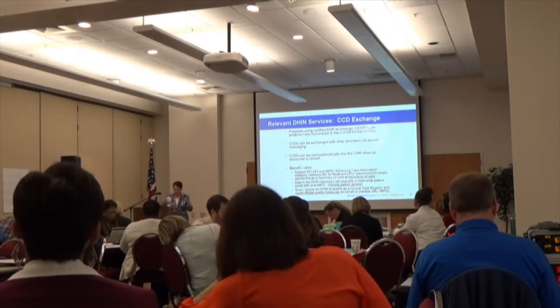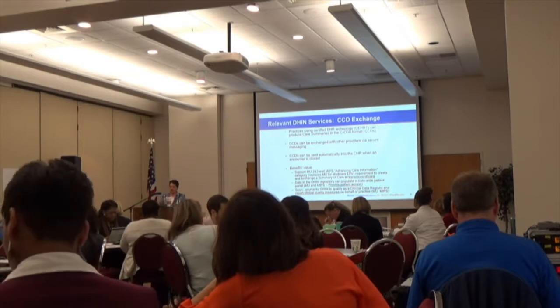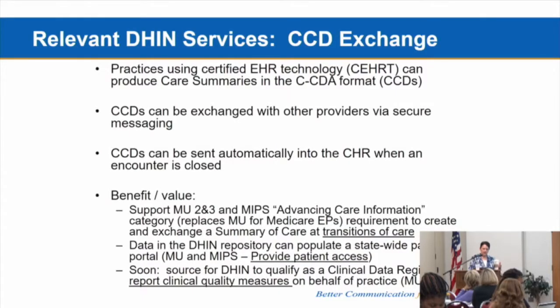And for meaningful use, those care summaries must be exchanged with other providers at transitions of care. Now, when the stage 2 rules came out, they were real specific that you had to be using Direct, and there were some rules there that frankly outraged the HIEs, because we said you've disenfranchised us altogether.